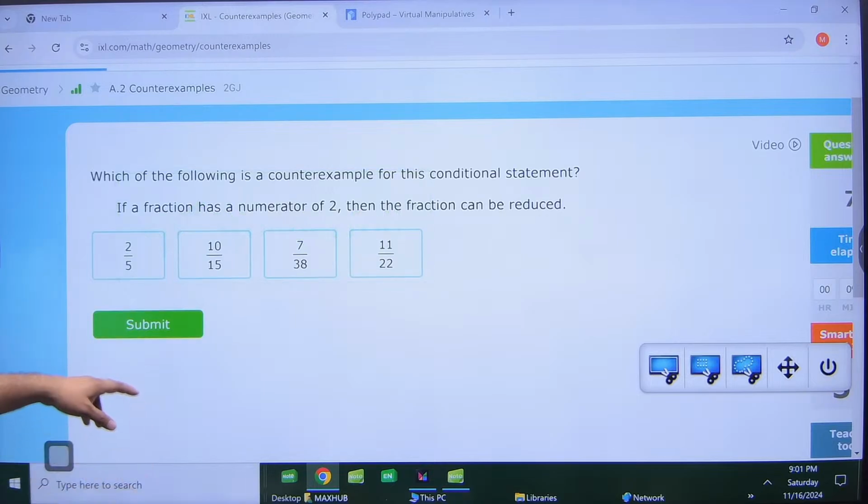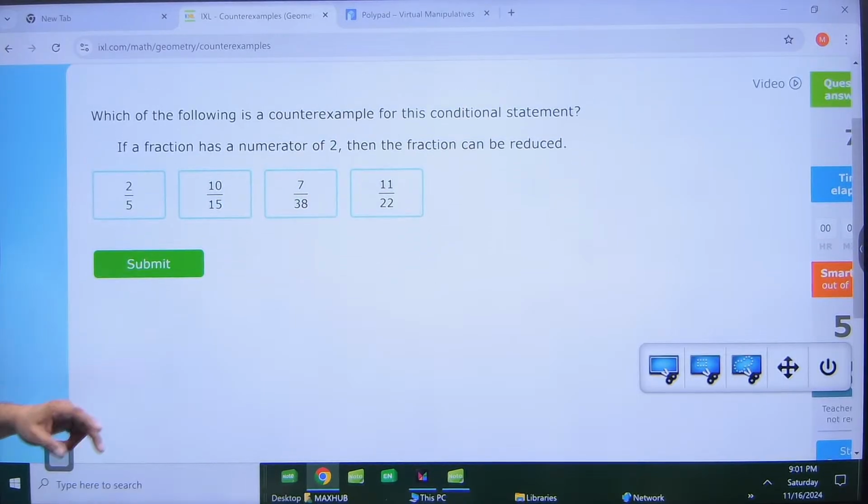Which of the following is the counterexample? If a fraction has a numerator 2, then the fraction can be reduced. So no, it is 2 by 5.